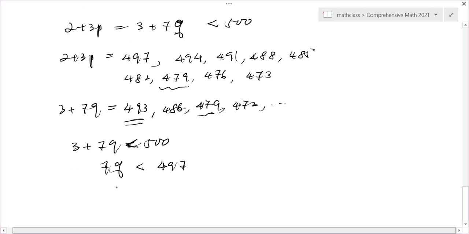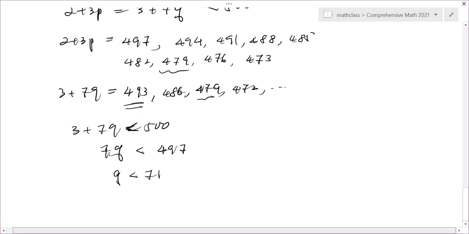Then I divide by 7, so it's 71. So that's why I choose 70. So 3 plus 7 times 70 is the largest possible number you're going to get, which is 493. That's the number I begin with, and then you just decrease.